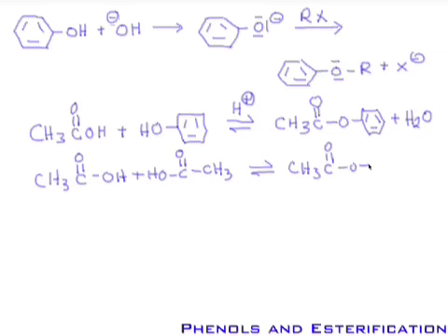Acetic anhydride essentially is a pair of carboxylic acids that have kicked out water. Now, if you isolate acetic anhydride, you can store it and you can use it as a reagent. If you react acetic anhydride with phenol, you can make better yields of the ester.